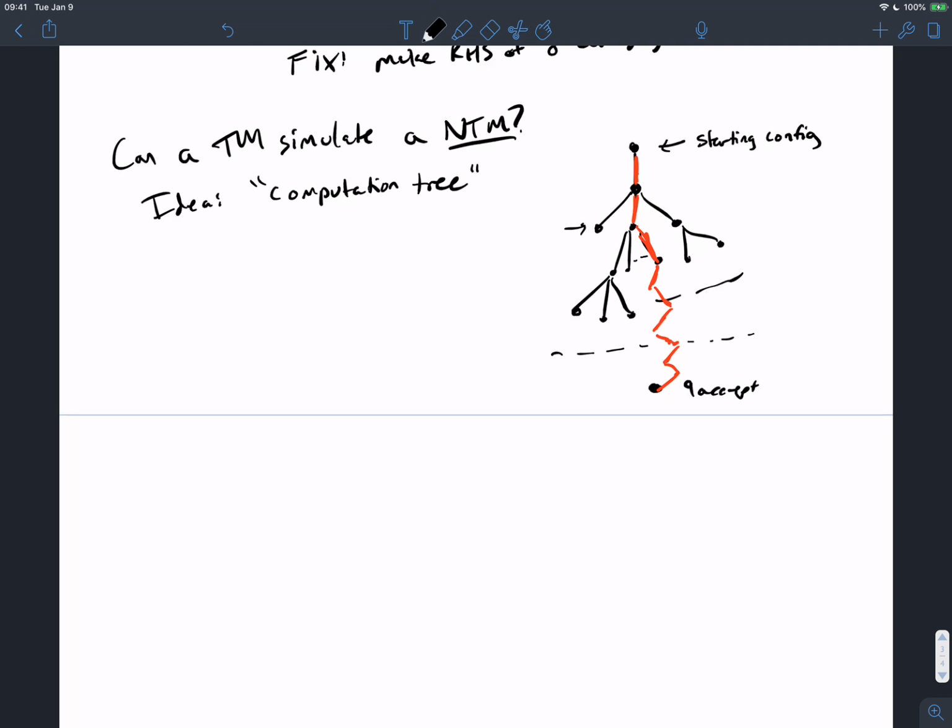So the problem is, how do I explore this tree? Well, if I did it in a depth-first search manner, I'm going to call this a bad idea, and you'll see why in a second.